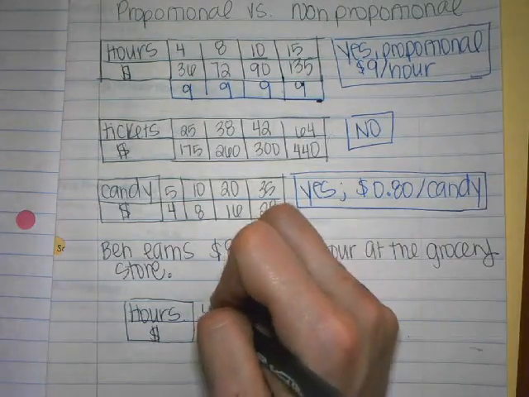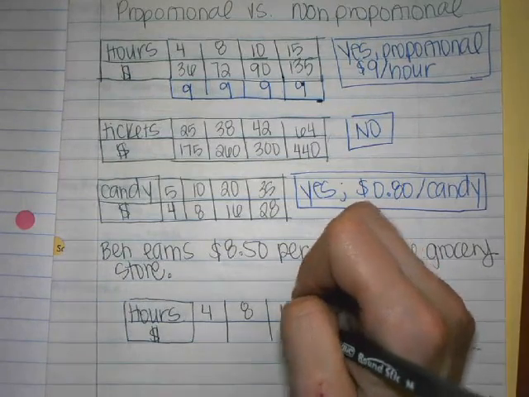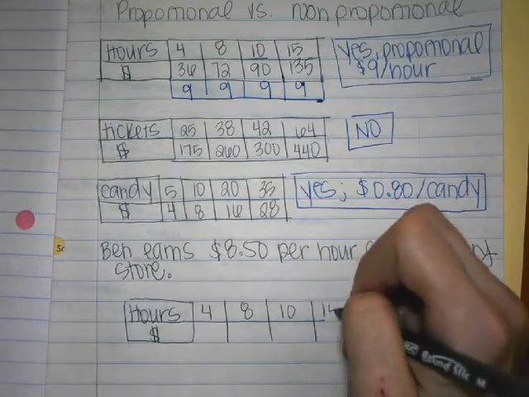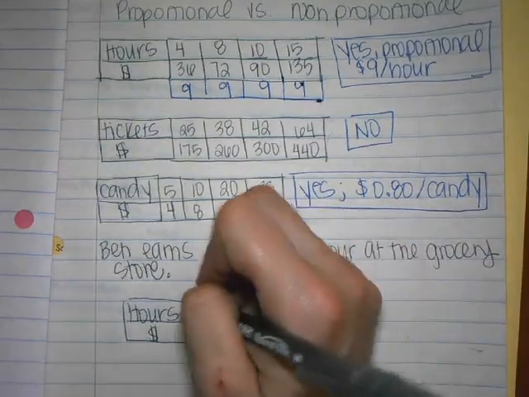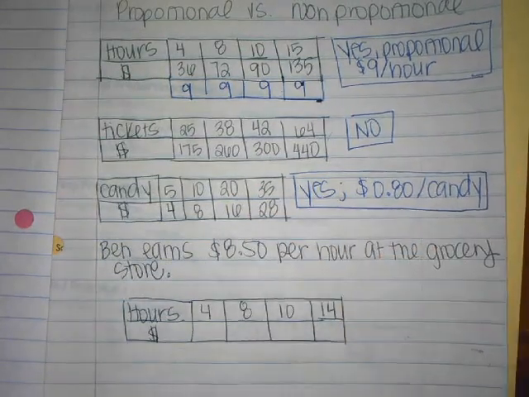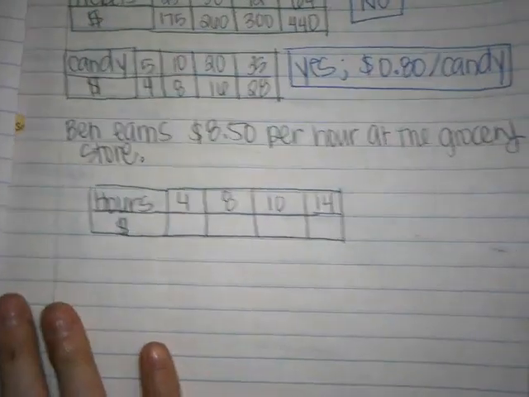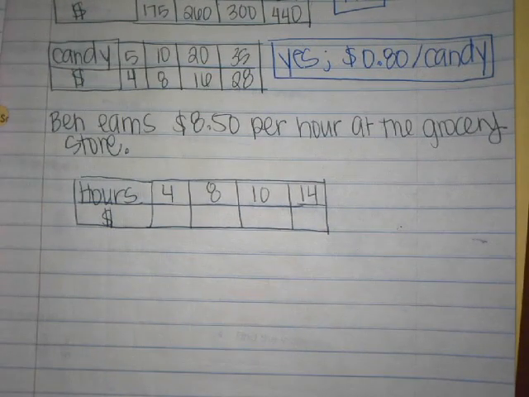But it tells you it's got 4 hours, 8 hours, 10 hours, and 14 hours. And Ben wants to know how much money he's going to make with those amount of hours if he makes $8 per hour. So with your partner, answer that for me, please and thank you. Go.